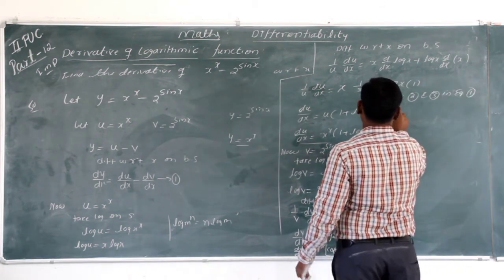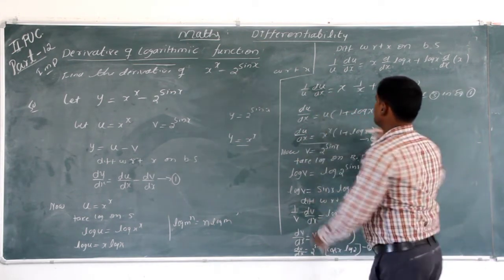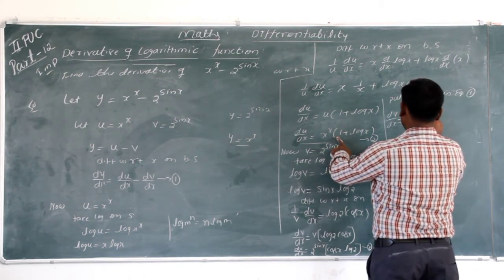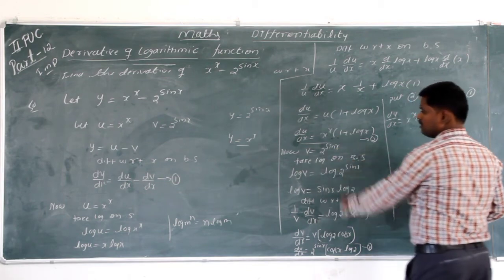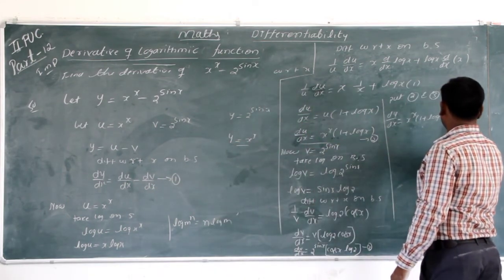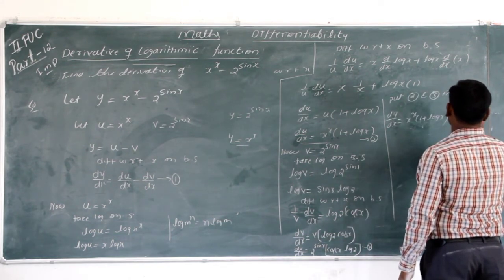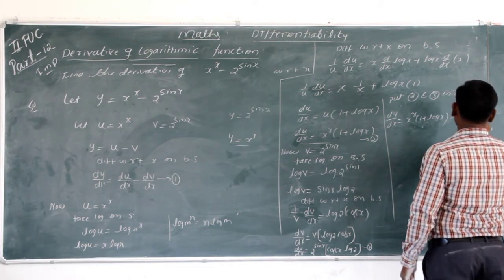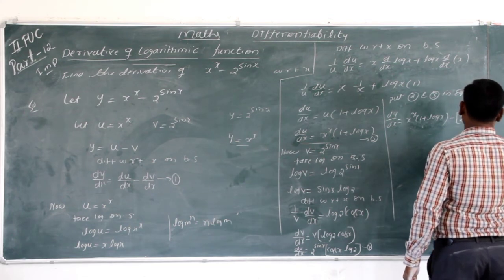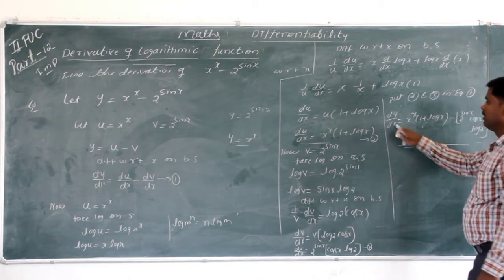Then we get dy by dx is equal to du by dx, that is x to the power of x into 1 plus log x, minus dv by dx, that is 2 to the power of sin x into cos x into log 2. So this is the derivative of the given function, dy by dx.